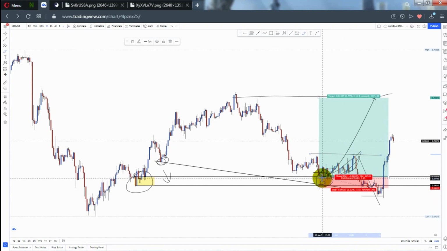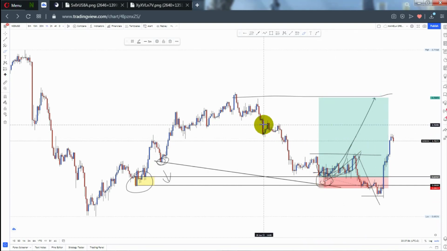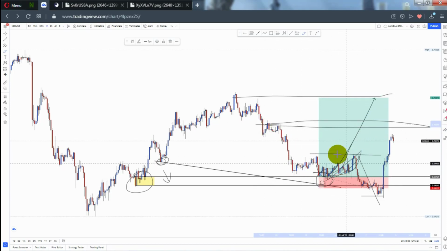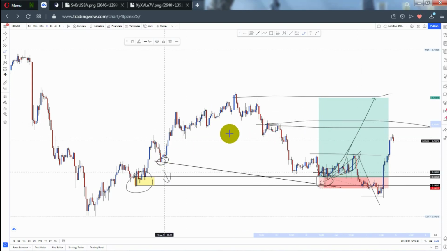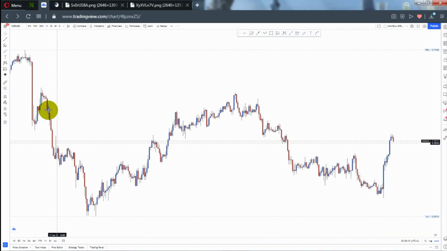But for us who hold for more than 4 hours, we will wait for them. My first take profit was somewhere around here, so they even failed to reach my first take profit point. But you can see the background information is a 2D drive. So let's try maybe and find another one.